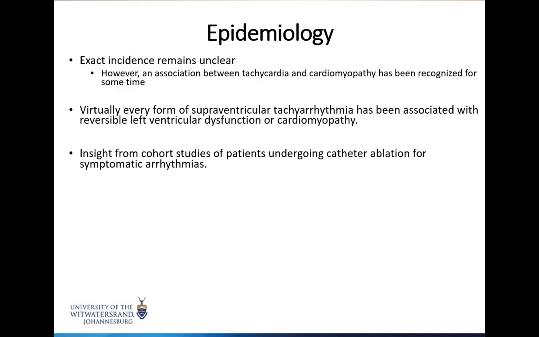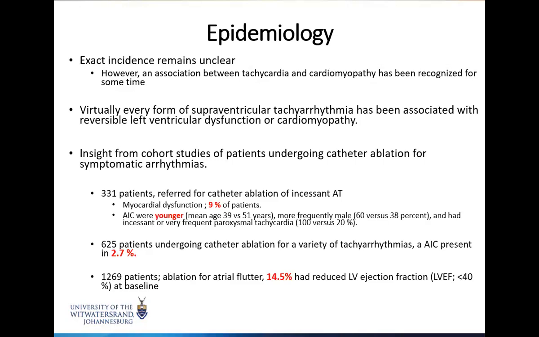So the insights about the epidemiology of these conditions really have been obtained from patients who've undergone a technology which we are fortunate to have now in Charlotte, called catheter ablation. And these are really patients who have been referred to undergo ablation. There are several cohorts that I want to give as examples.